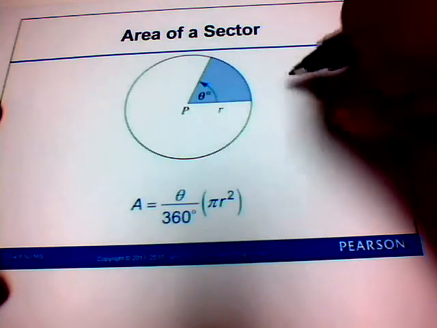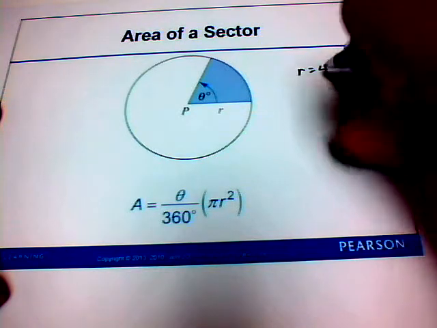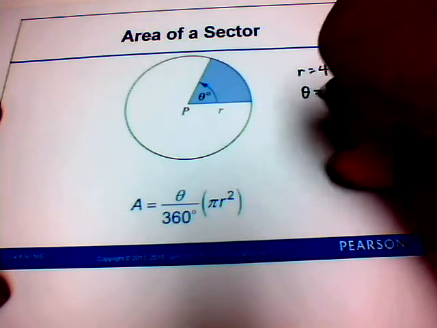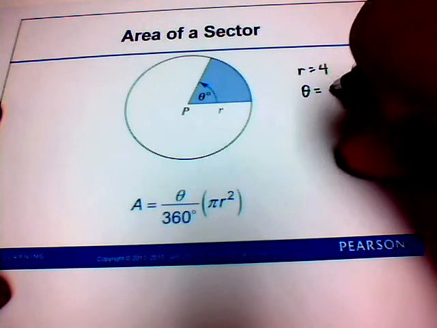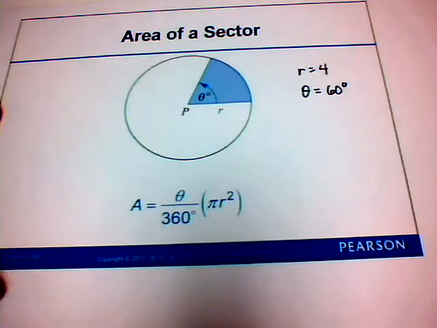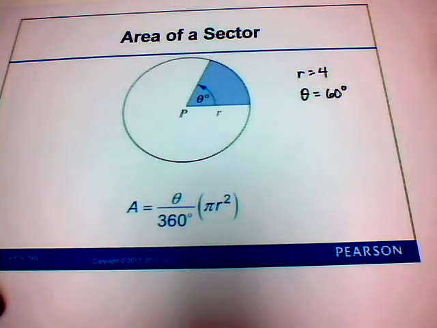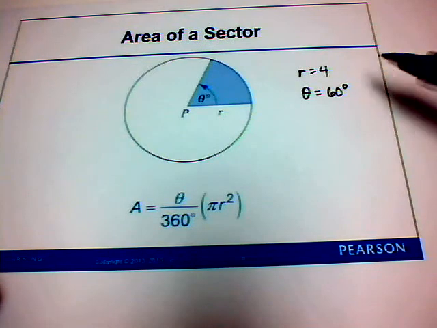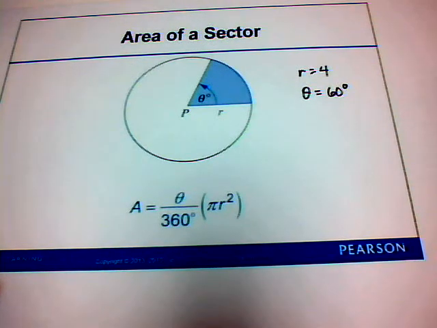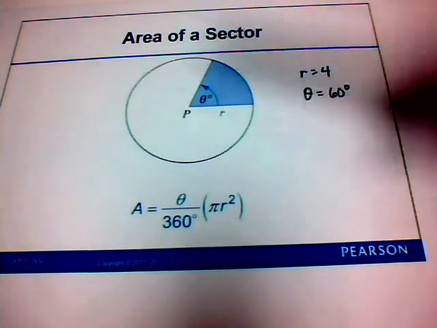So let's say this had a radius of 4, and the angle measure, which I'm calling theta, is 60 degrees. And I want to find the area of that sector with a radius of 4 and 60 degrees as your angle measure.